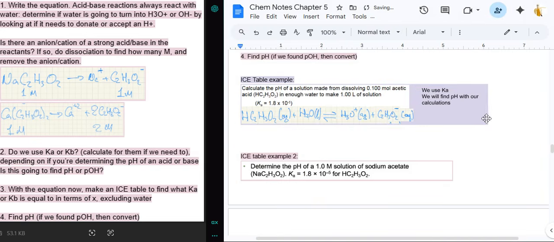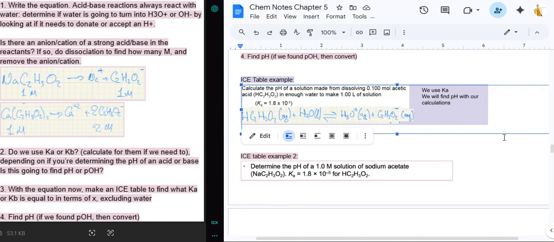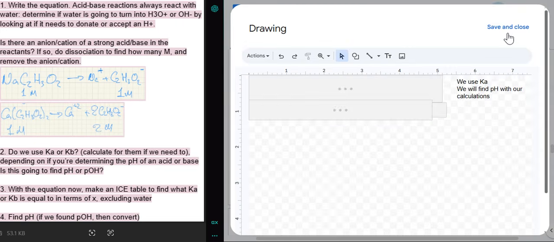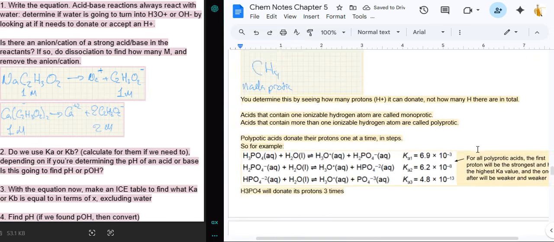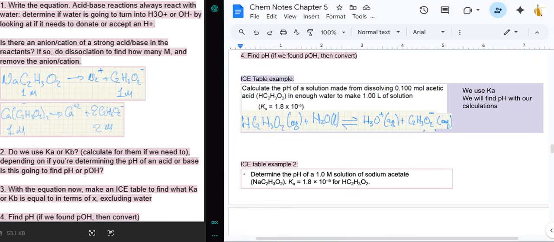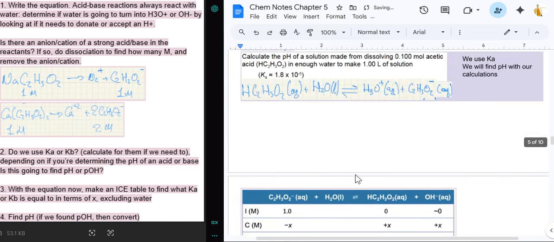And just a little review of ice tables. Just an example of an ice table here. This isn't applied to this question.